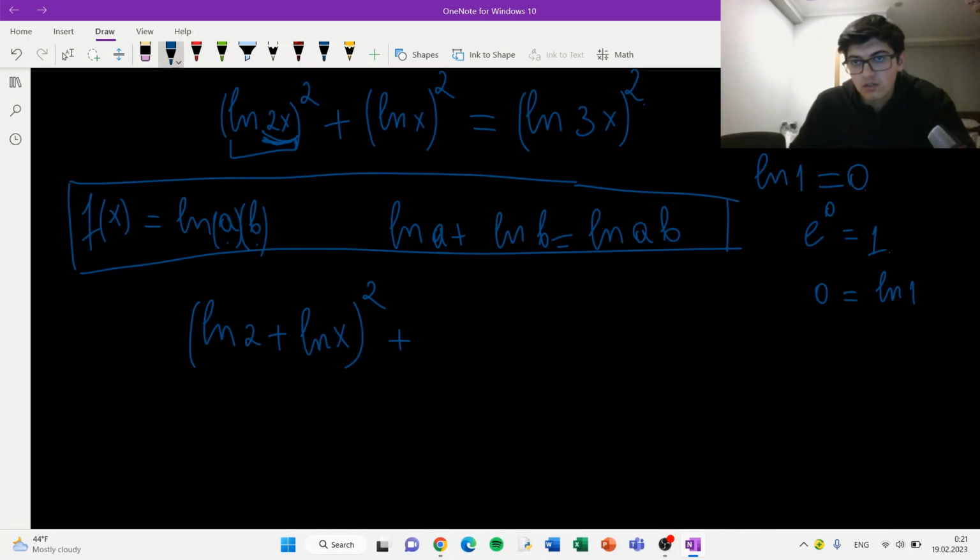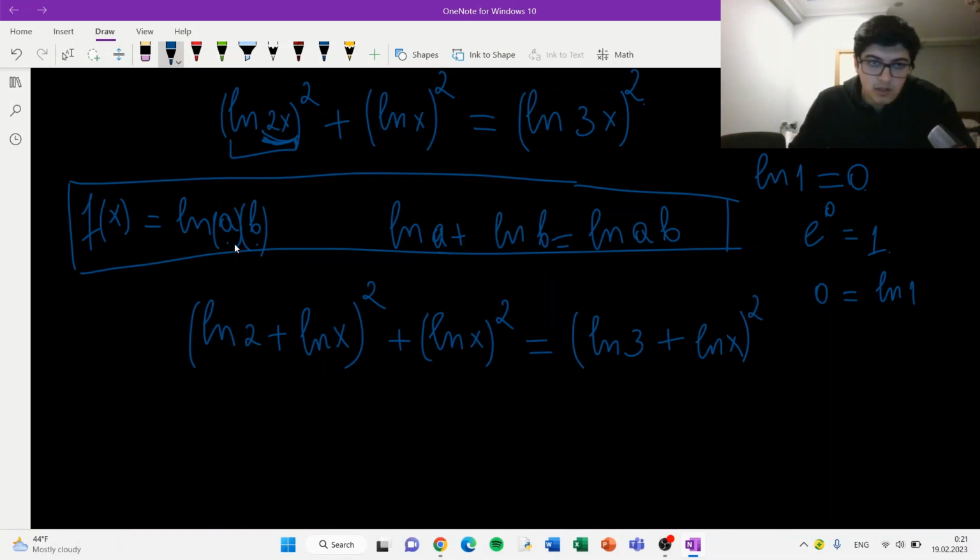Also we can consider another base, for example 10 to the power 0, it's also 1 always. Therefore we should just keep it the same way. ln x squared is equal to ln 3 plus ln x squared. Again, a will be 3 in this case and b will be x.